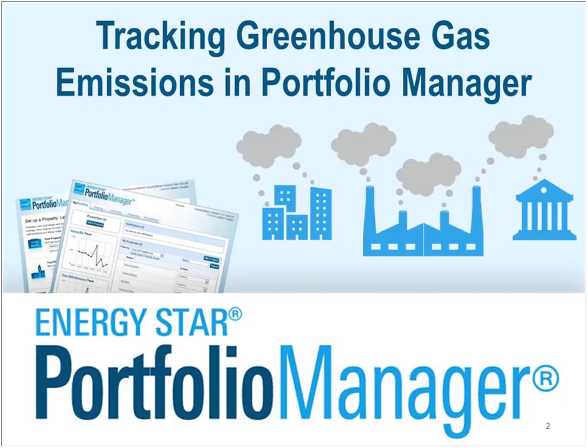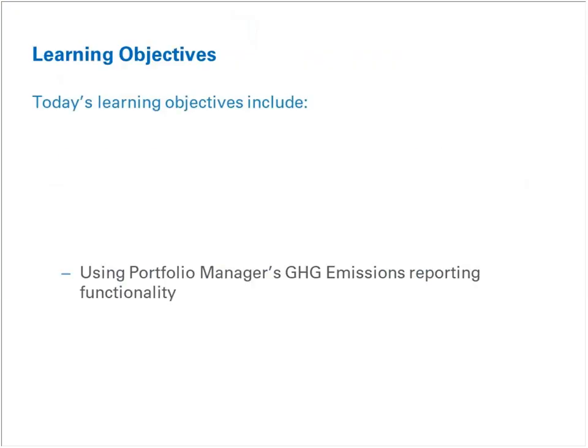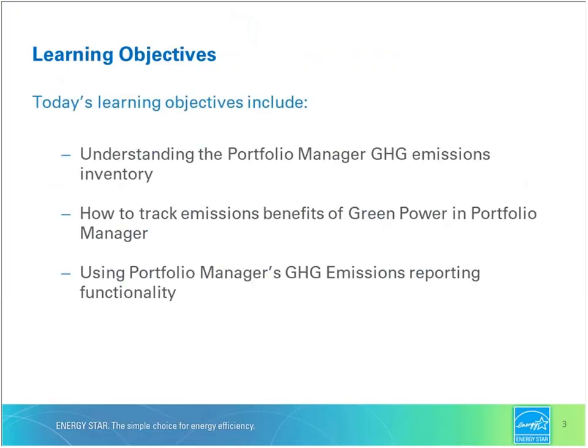But for the moment, let's just jump right into the presentation content and talk about what we're going to cover today. So today's learning objectives, our intent is to provide an overview of the greenhouse gas or GHG calculation methodology in EPA's Energy Star Portfolio Manager tool, and also talk about some of the reporting functionality in Portfolio Manager that will represent emissions data.